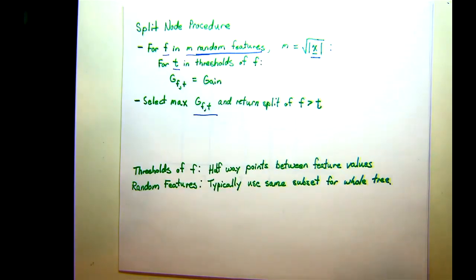Okay, a couple comments. We talked about this gain as our measure of how good a cell is. That is one of many different criteria we could use to measure the goodness of a split. There's a bunch of different ones that the literature has had over the years. Gain's a good one. It works as well as anything.